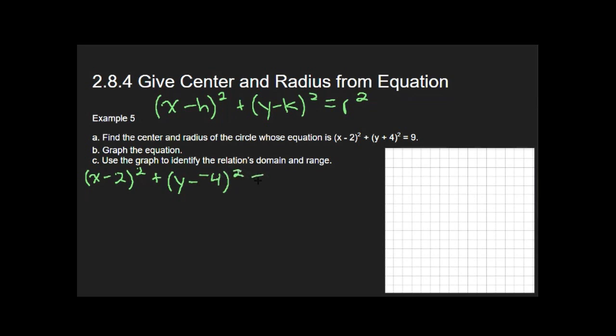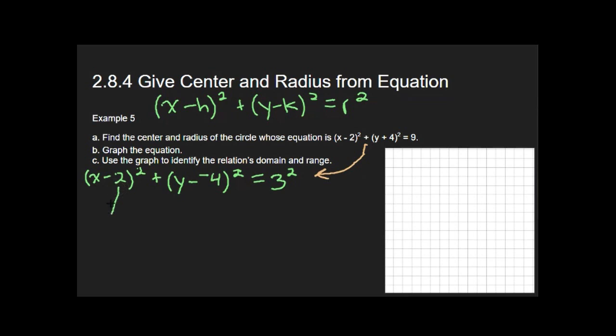And then we're going to take the square root of 9 so we can get it into the r squared format. That would be 3². So we have rewritten our given equation into the standard form there with the negatives and with the squares so that we can identify the pieces.